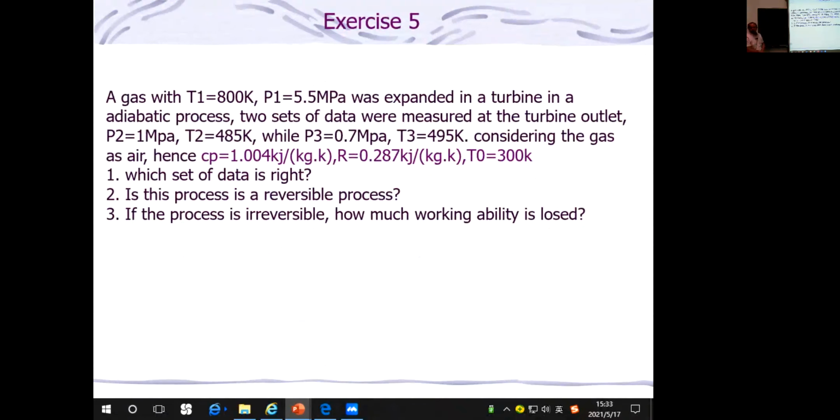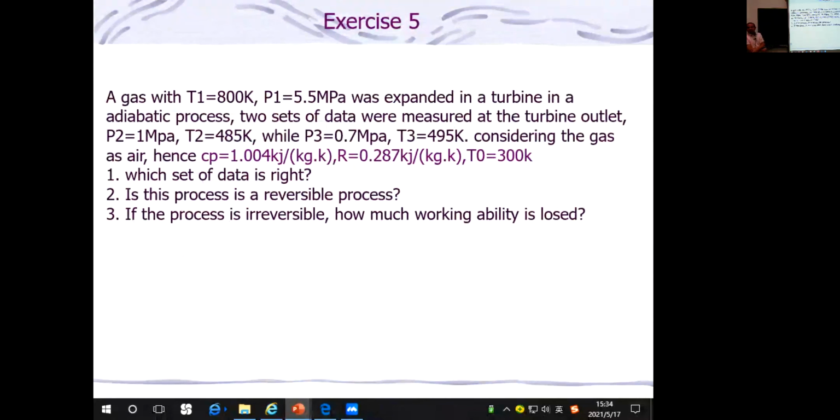If the entropy generation is equal to 0, then the process or the cycle is reversible. If it is greater than 0, then it is irreversible. But if it is less than 0, that's impossible.